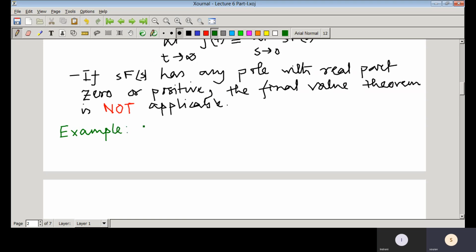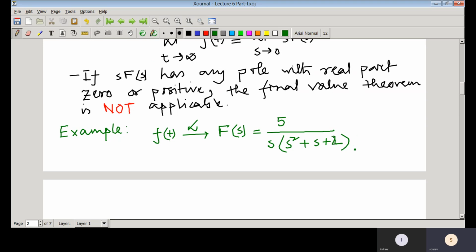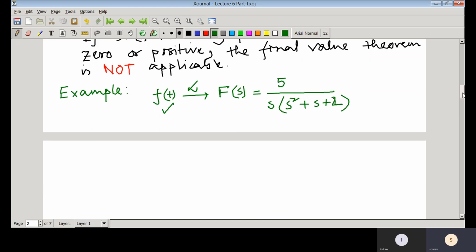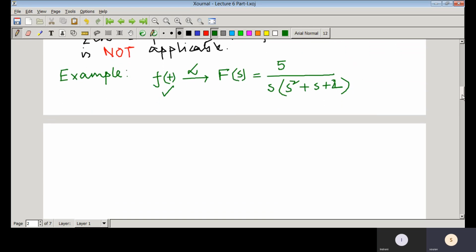Suppose a function is given, and if you take the Laplace transform of that function, you will get F(s). Suppose this F(s) is 5 by s times (s square plus s plus 2). If you are interested in seeing the value of this function when t tends to infinity, we can apply the final value theorem.